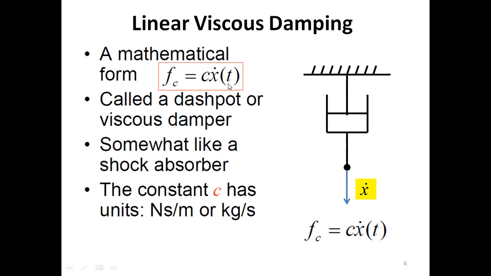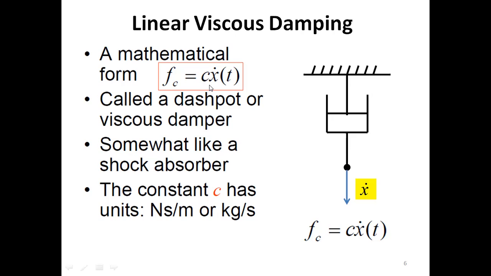X dot of t is actually the velocity at which the mass is moving or vibrating, and C is actually the coefficient of damping or damping coefficient. It is the constant. It is also called the damper constant, and its unit is Newton second per meter or kilogram per second.